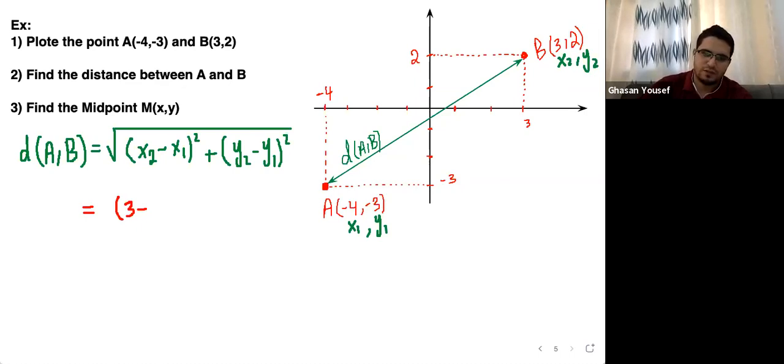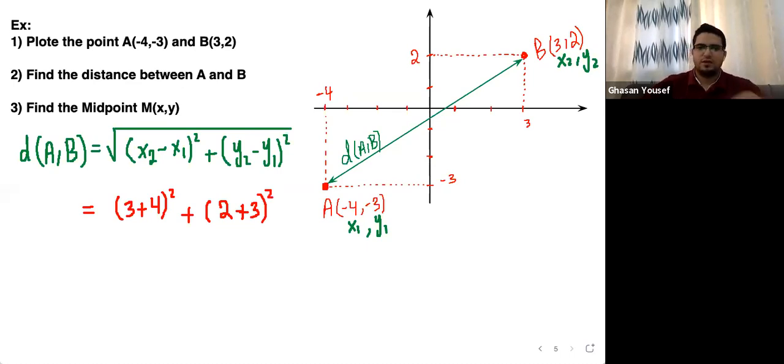So minus times minus will be positive 4, plus y2, which is 2, minus y1, which is negative 3. So again, negative times negative will be positive 3. And we don't have to forget the squares, and also we don't have to forget the radical or square root.